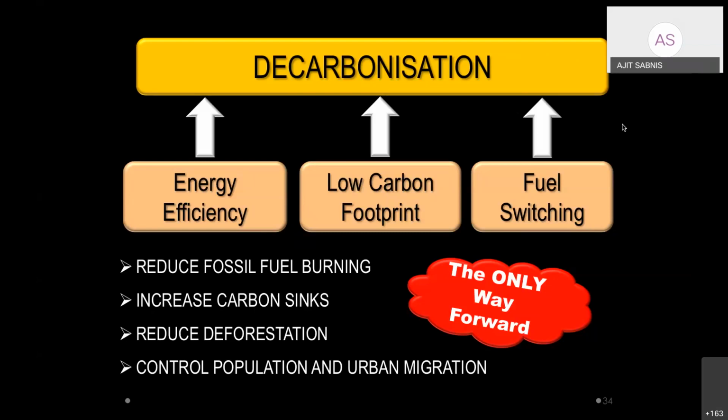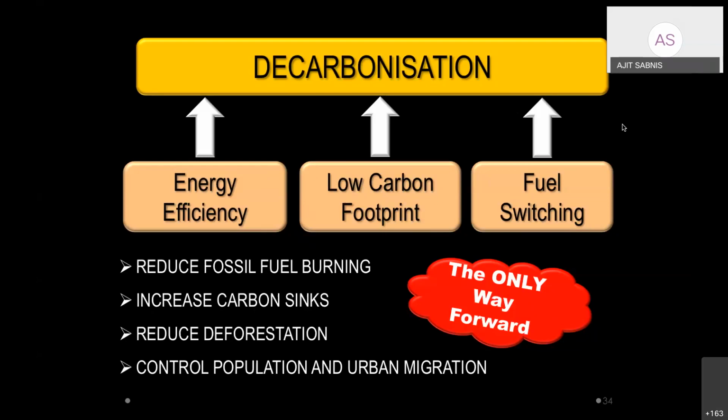How do we effect decarbonization? Energy efficiency, low carbon footprint, reduce the carbon footprint the way it has been discussed in the previous sessions. And fuel switching, of course, is not a part of us, but we need to switch over from fossil fuel to clean energy and increase the carbon sinks. What do we mean by carbon sinks?